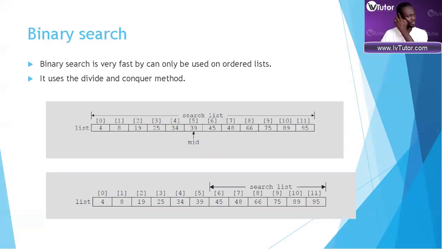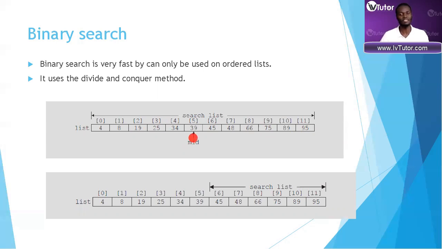So, in the binary search algorithm, if you are looking for an item, because your array is sorted, and let's say you're looking for 89, the binary search algorithm simply says, check the item in the middle.